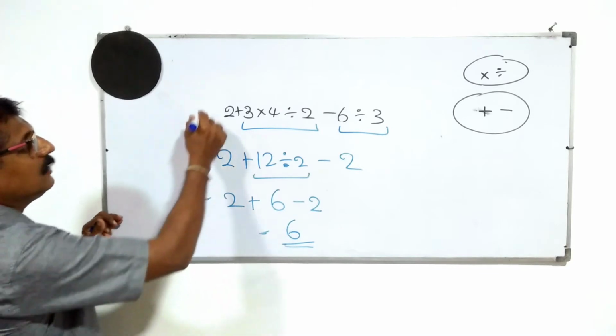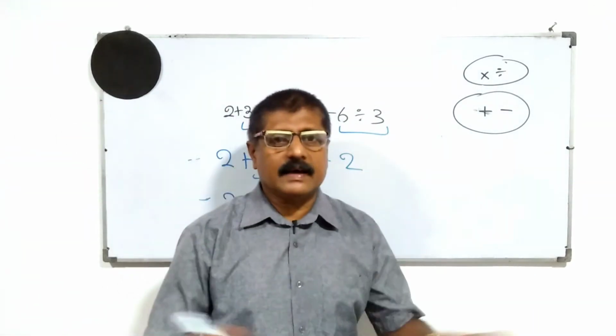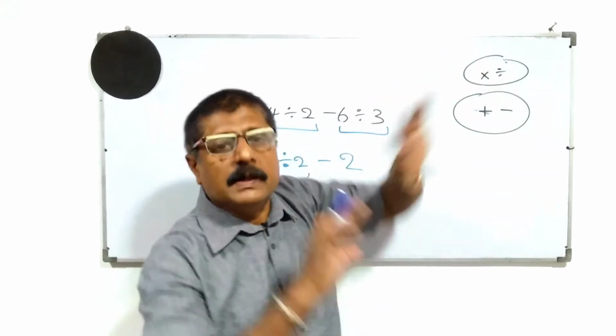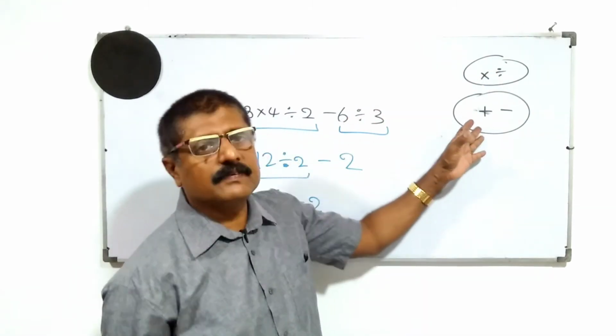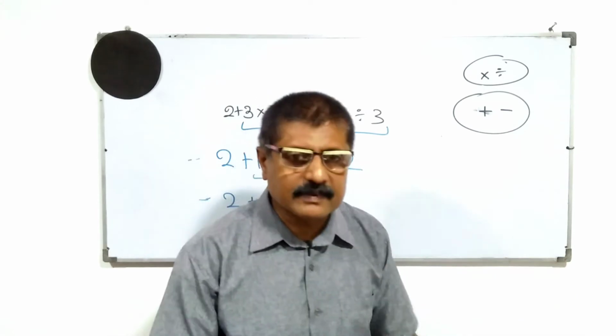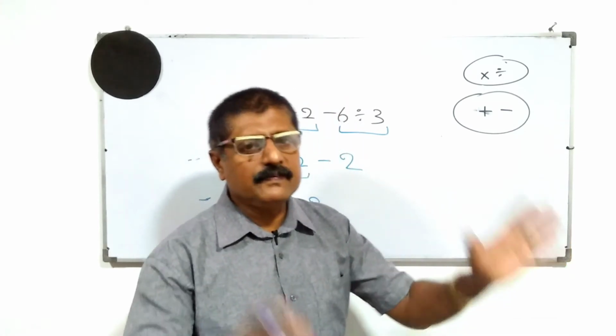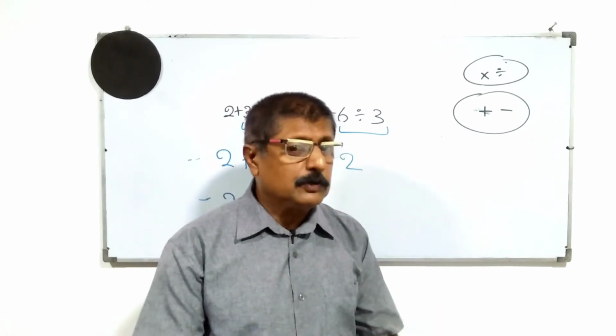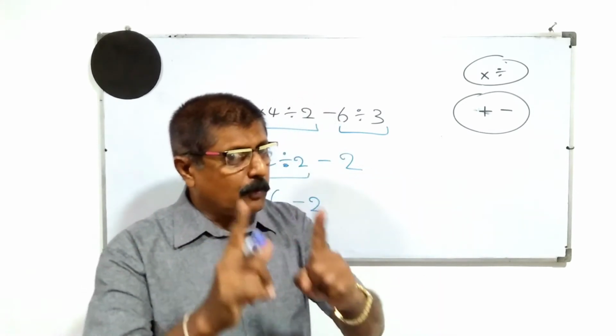Like this. When there are so many signs, sort out the ones which belong to this family, simplify them first, then go to the other family, then simplify them next. From left to right, get the final answer. Okay. Then we are going to step into another very important symbol.